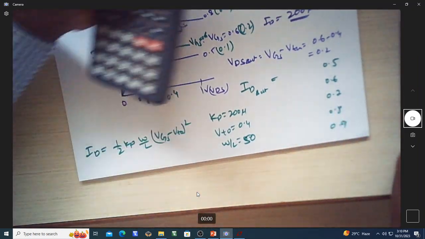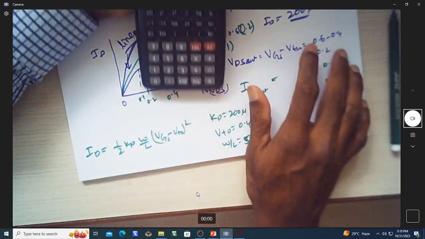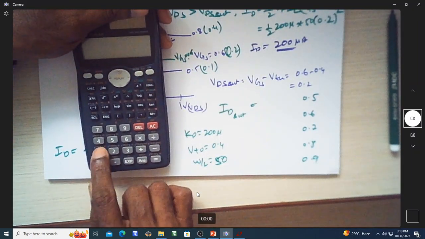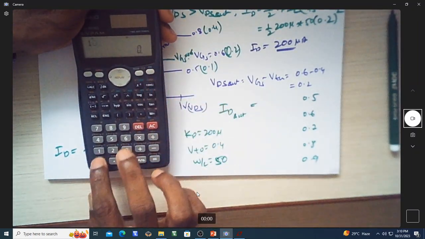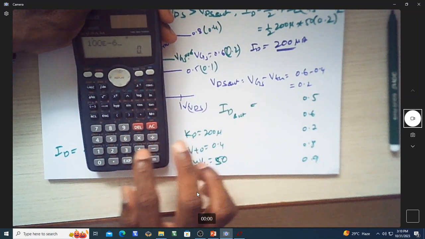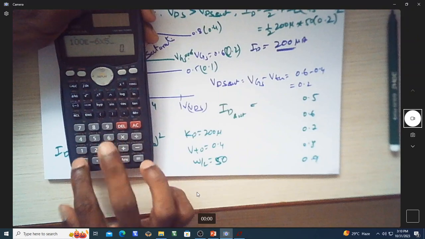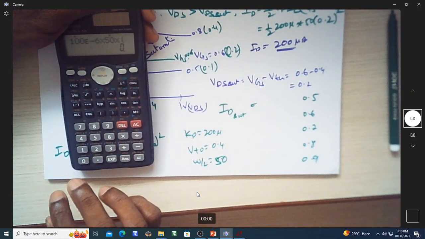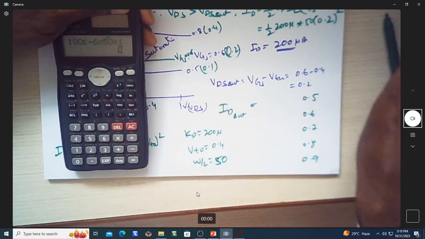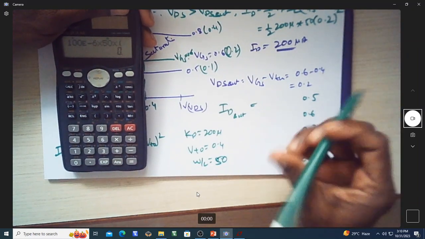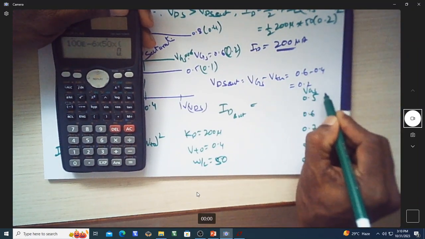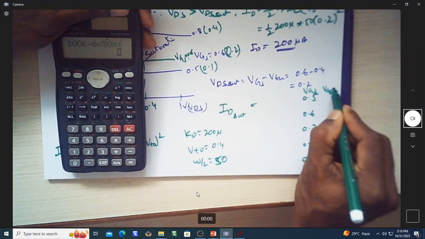So let me quickly find it. So this is 100 e minus 6 into, okay, this is 50 multiplied by this VGS value. What is VGS minus VTO?